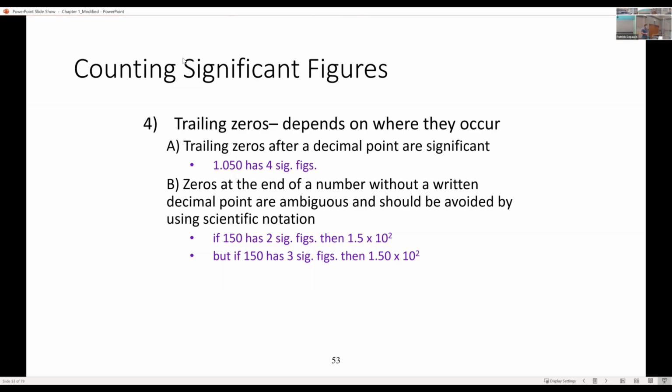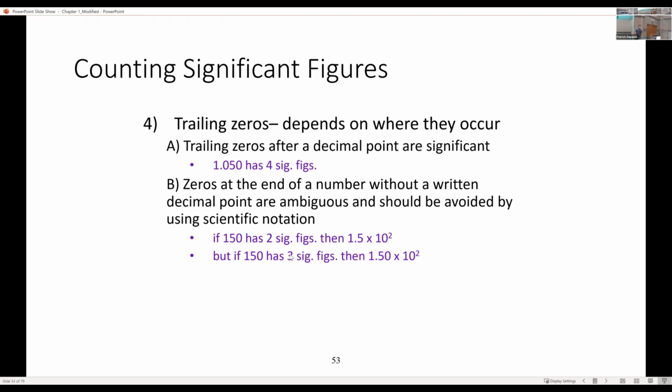Now, 1.050 is sensitive up to the thousandth place, meaning that instrument can go that far. And that zero is part of the measurement. But a number like 150 with no decimal, which we have in situation B, only has 2 sig figs, and that zero does not count, because there's no decimal.